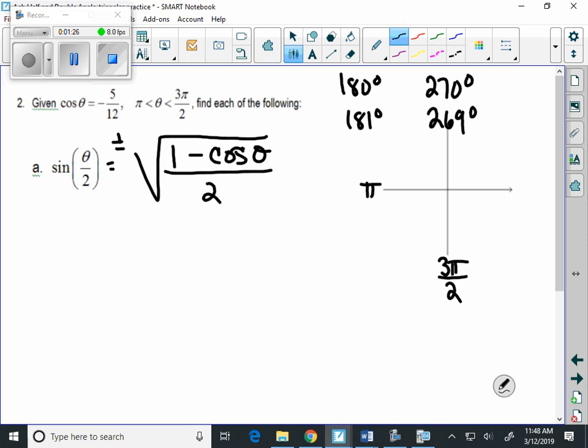So if we take 181 and divide it by 2, we get 90.5 degrees. And if we take 269 and divide it by 2, we get 134.5 degrees. Well, the question is, what quadrant are both of those in, 90.5 degrees and 134.5 degrees?